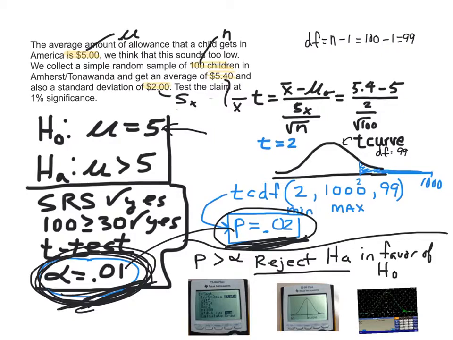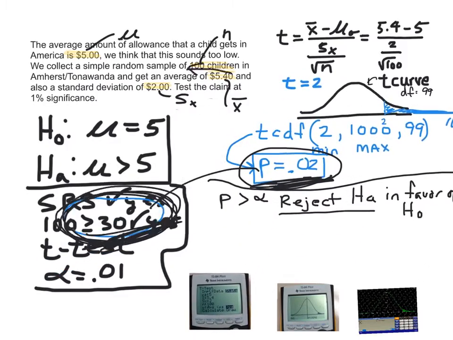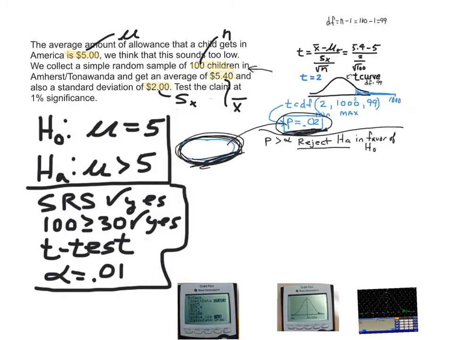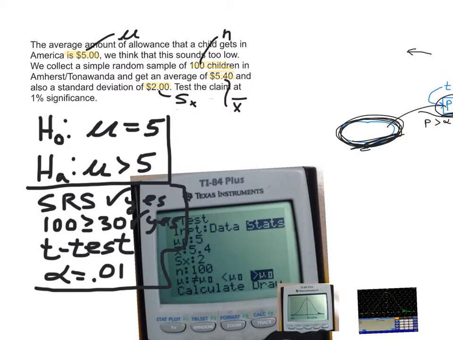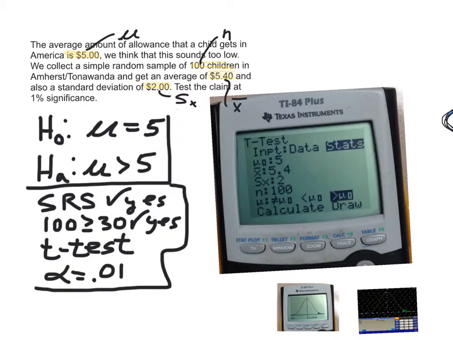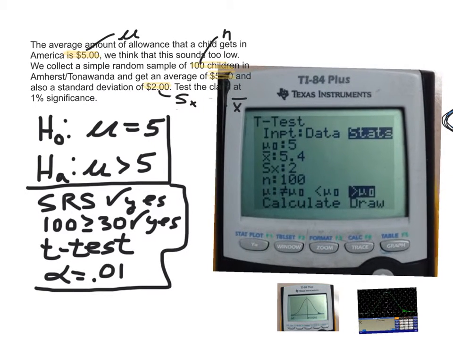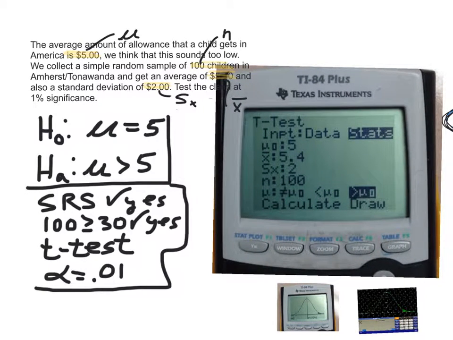All right, to make things a little bit easier for us on that third step, you could actually use the graphing calculator to get all that work done right there. You could type into your graphing calculator after you press Stat and slide to the Test menu.